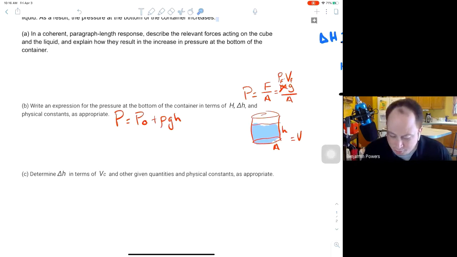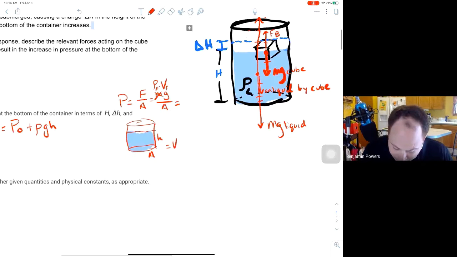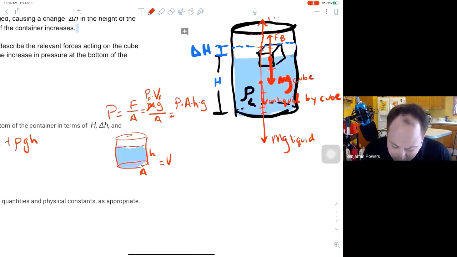So up in this numerator, let's write this out one more time. I really have rho times area times H times G, right? Because area times H is actually just volume. And I have all that divided by area.